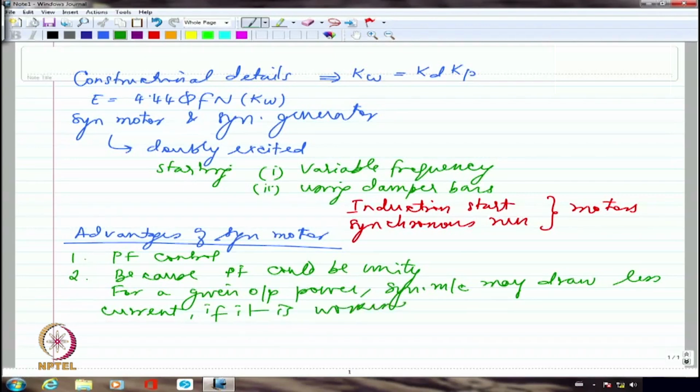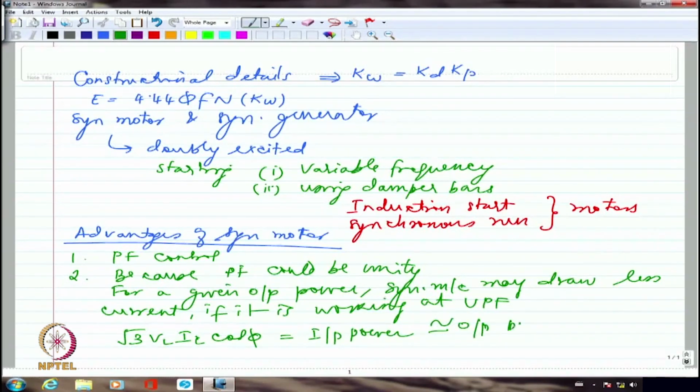So if the machine is working at unity power factor, the current drawn, because I am going to say that root 3 VL IL cos phi, if I assume that the efficiency is almost unity, root 3 VL IL cos phi is going to be the input power, which is also approximately equal to output power.